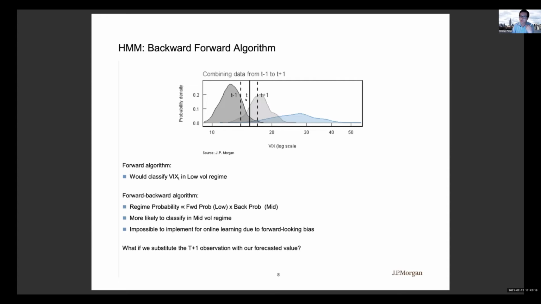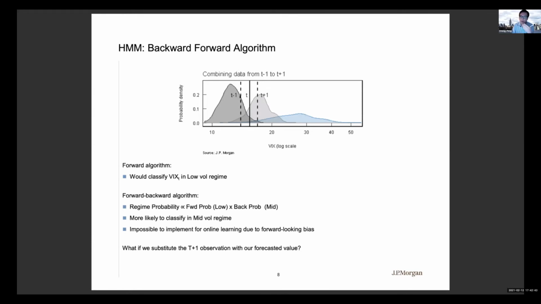And as a result, the HMM forward algorithm will classify VIX at time t as the low vol regime. On the other hand, if we know the value at time t+1, and it went to, let's say, 19, which would place it firmly in the medium vol regime, then the HMM will carry out a forward-backward algorithm.